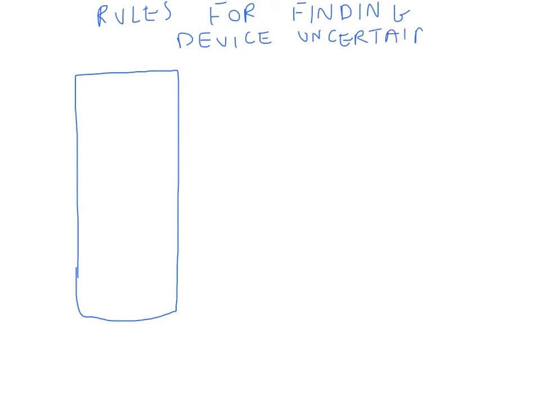Device uncertainty is the main form of uncertainty utilized in high school science. Maybe in your high school physics class you will get into statistical uncertainty. Certainly in a college physics or science class that would become important, and I believe also in some advanced bio classes. But the main form we deal with at the high school level, especially in chemistry and physics, is device uncertainty.